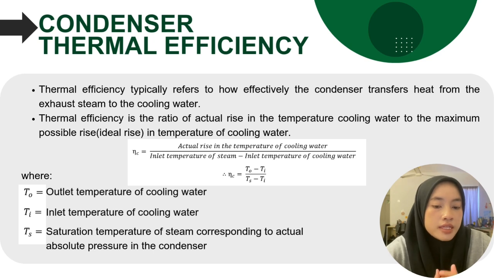Thermal efficiency can be described in the formula of actual rise in the temperature of cooling water over the inlet temperature of steam minus the inlet temperature of cooling water, where To means outlet temperature of cooling water, Ti means inlet temperature of cooling water, and Ts is the saturation temperature of steam corresponding to actual absolute pressure in the condenser.